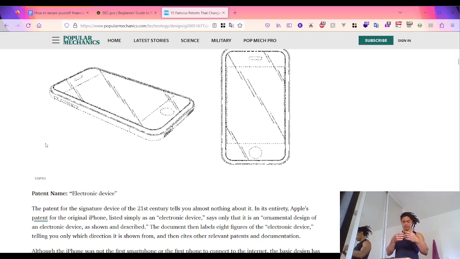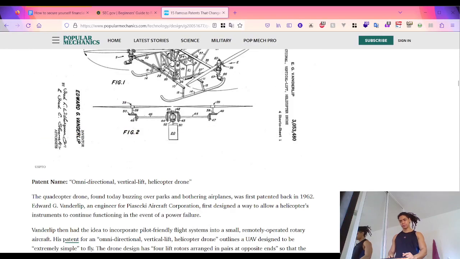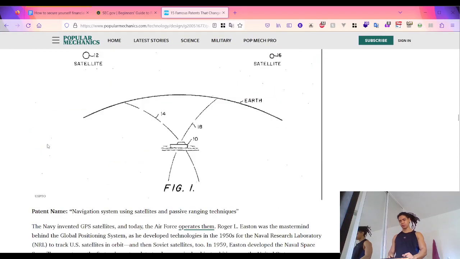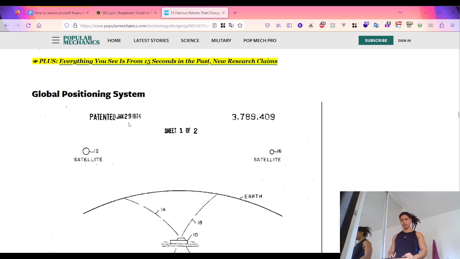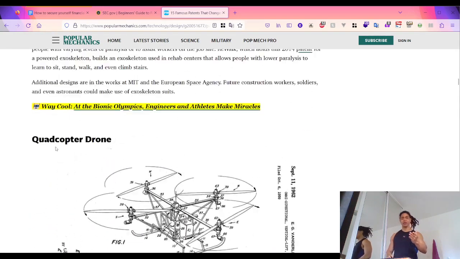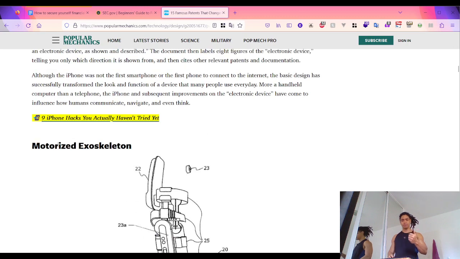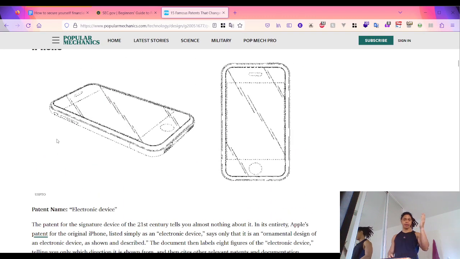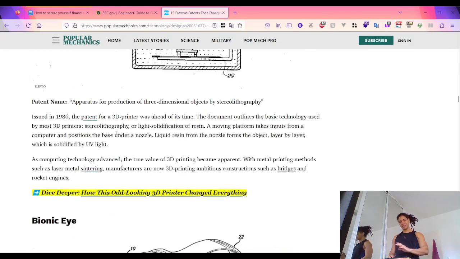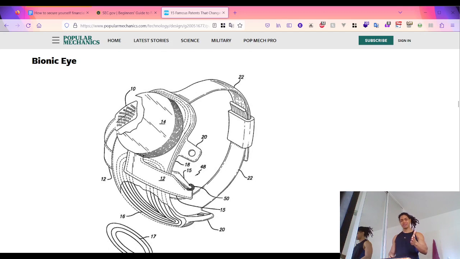Also, we have GPS, which is a navigation system using satellites with a passive ranging technique, issued in 1974, if I recall. Also, we have the electronic device, as their patent name suggests, aka mobile phones or iPhones, issued in 2007.